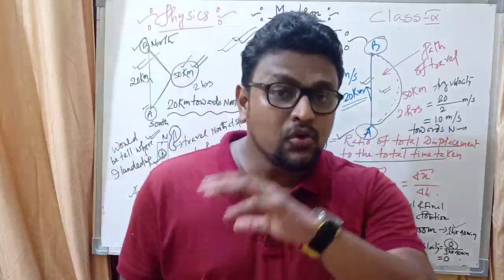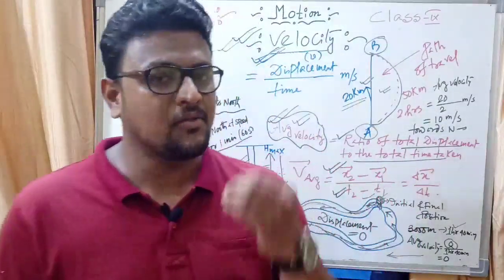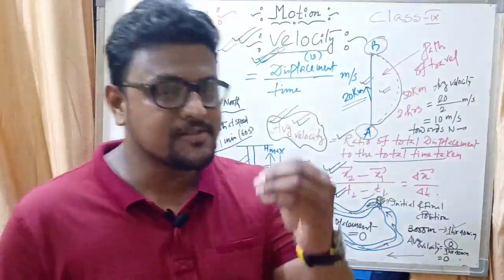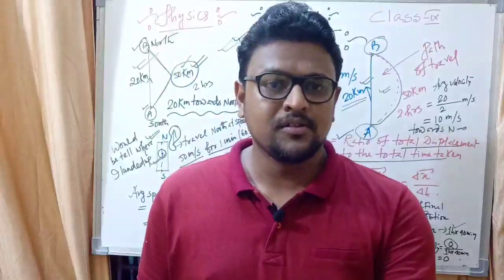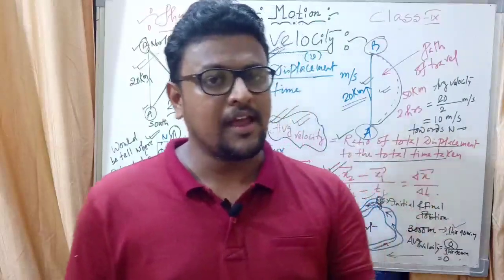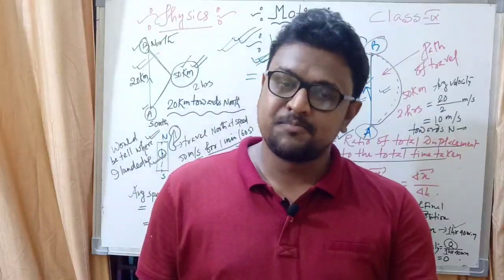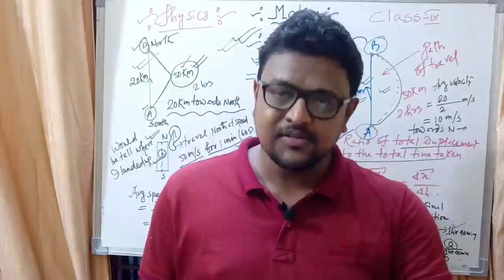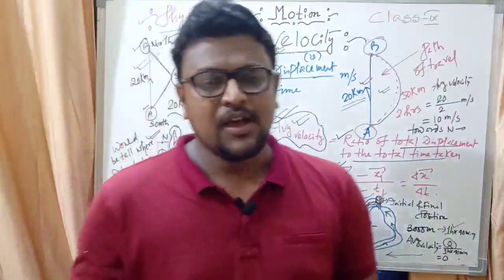Velocity means total displacement, when a particular direction is mentioned, with respect to time. In the same direction, speed and velocity should be positive. In the opposite direction, speed cannot be 0, but the velocity should be 0.